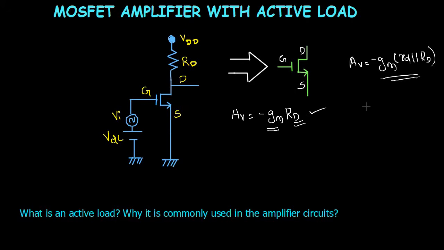First, consider increasing the value of RD. We cannot increase RD indefinitely, because as RD increases, the voltage drop across RD also increases, and because of that the available voltage at the drain will reduce.